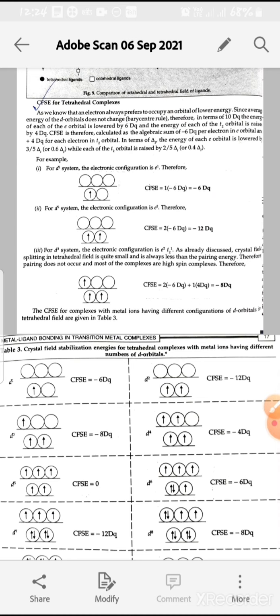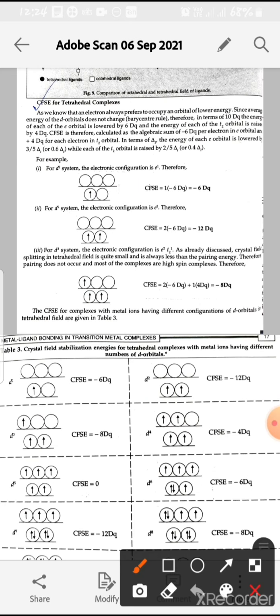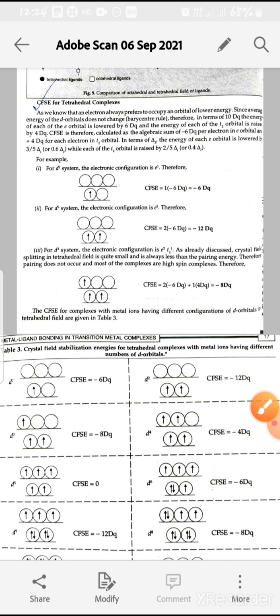For d3, the third electron goes into the t2 set, and there will be no pairing of electrons. It will not go down, this electron goes into the t2 set, the upper position, and the lower 2 electrons have energy minus 6 Dq, and the upper has plus 4 Dq, so that will be minus 8 Dq.